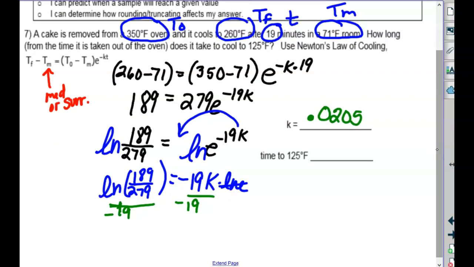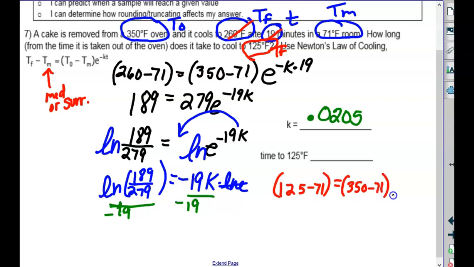What changes the second time? This is not the final temperature anymore, and this is not time anymore, right? But we now have K. So this is our new T sub F. So it's 125 minus 71 equals 350 minus 71, or 279, because we already did that subtraction once, times e to the negative 0.0205 t.